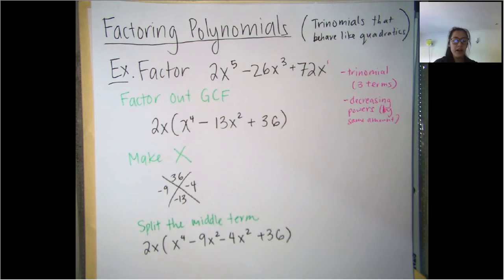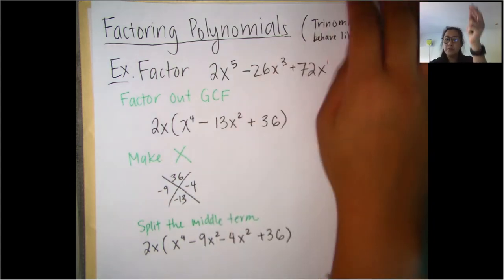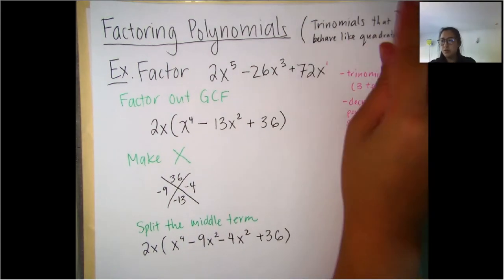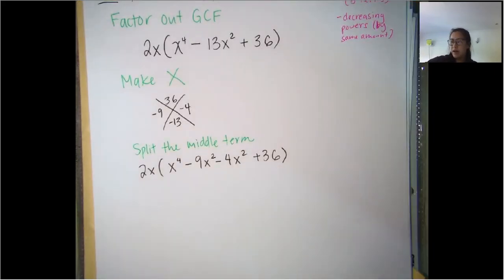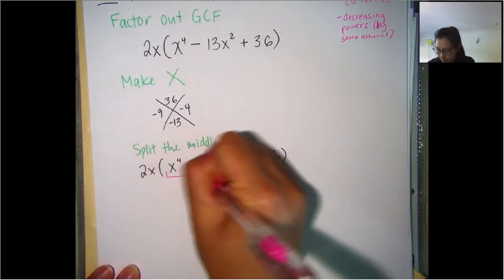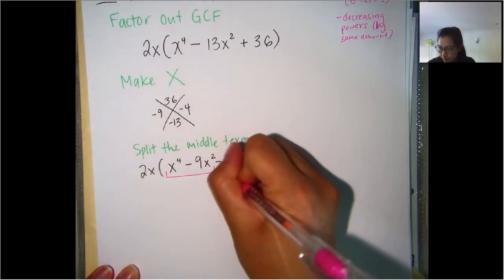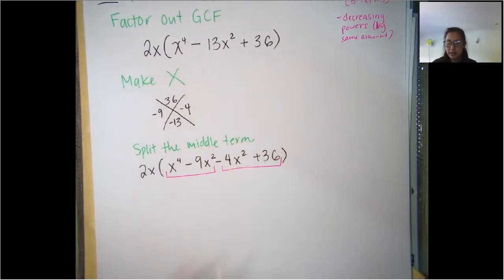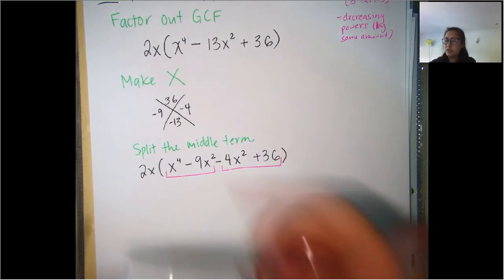Okay, and then you're going to group the first two terms and the second two terms. What that means is you're going to look at each one of these separately. So you're going to look at the x to the fourth minus 9x squared separately from negative 4x squared plus 36. So group the first two and second two.